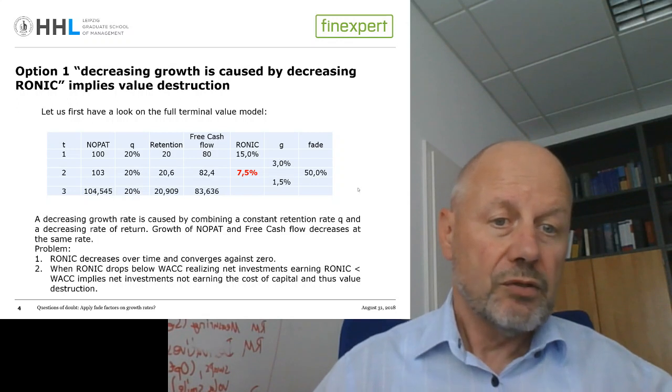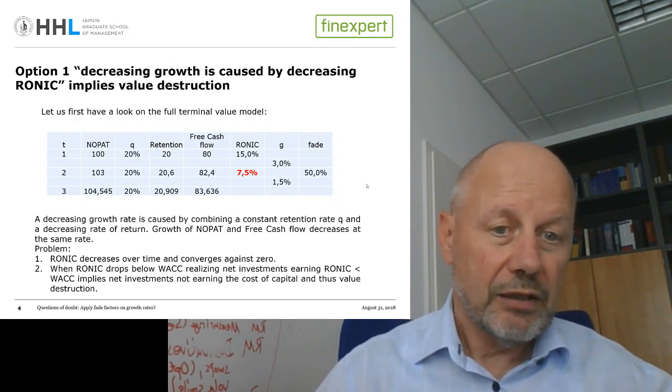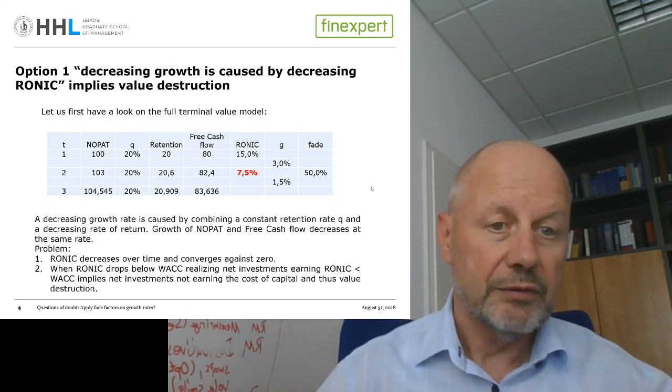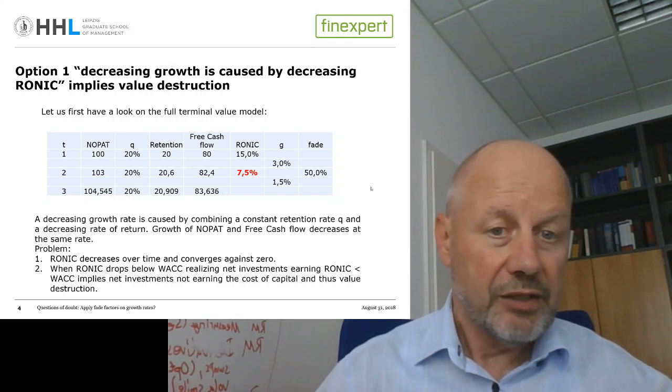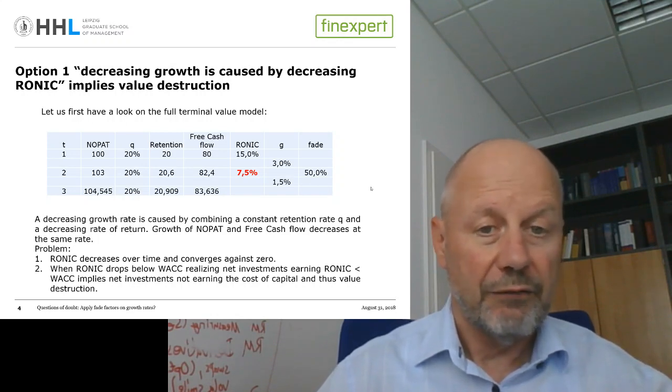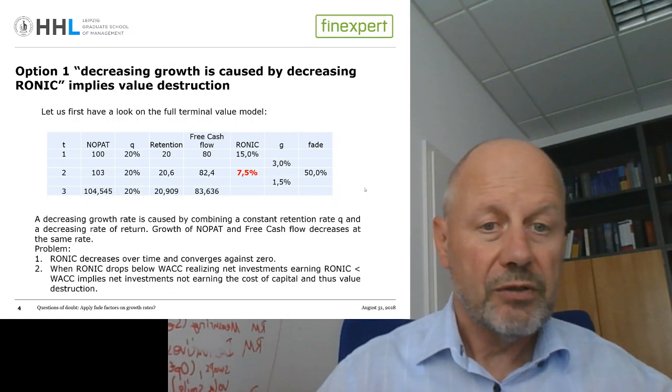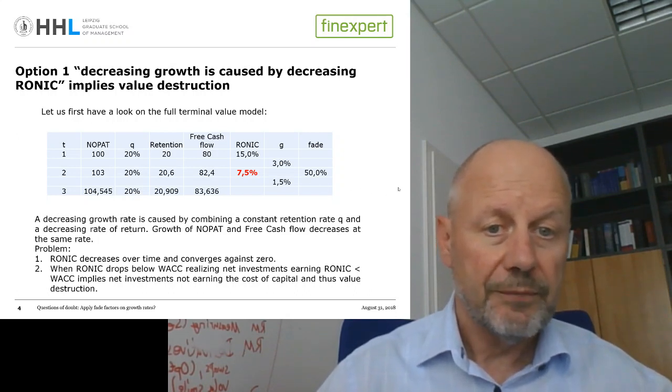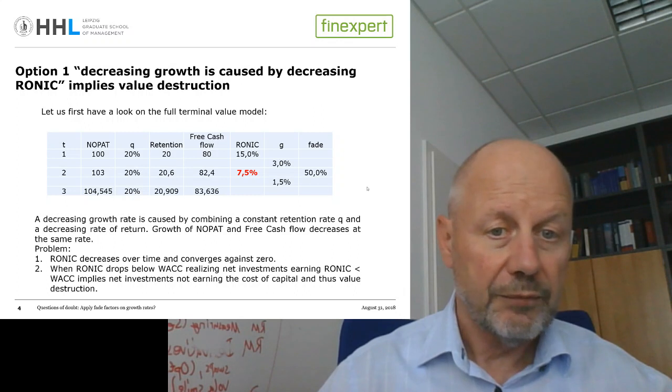So of course, that yields the result that if we assume this to happen, we significantly underestimate the value of our corporation, because we do value destructive investment opportunities and realize value destructive investment opportunities with our retained amount of money.